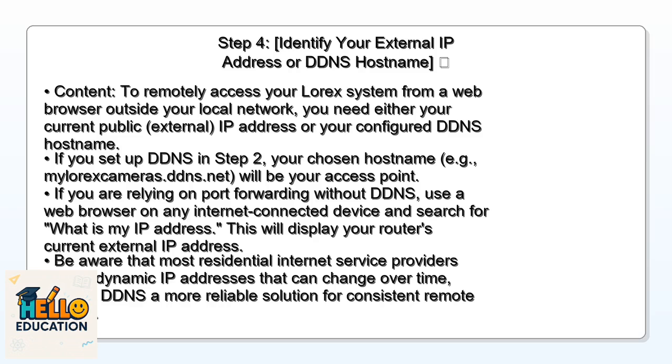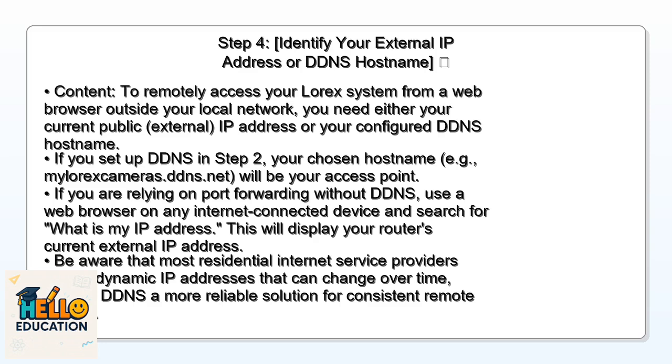Step four: identify your external IP address or DDNS hostname. To remotely access your Lorex system from a web browser outside your local network, you need either your current public external IP address or your configured DDNS hostname. If you set up DDNS in step two, your chosen hostname, My Lorex Net, will be your access point.